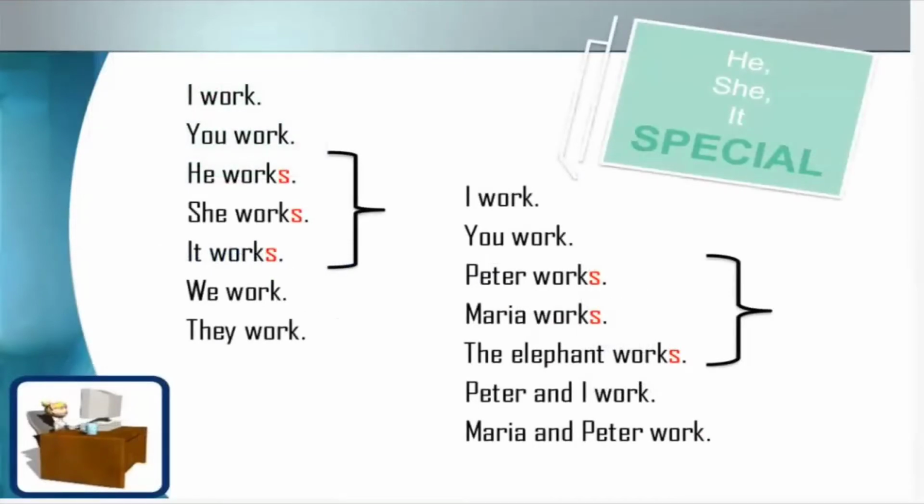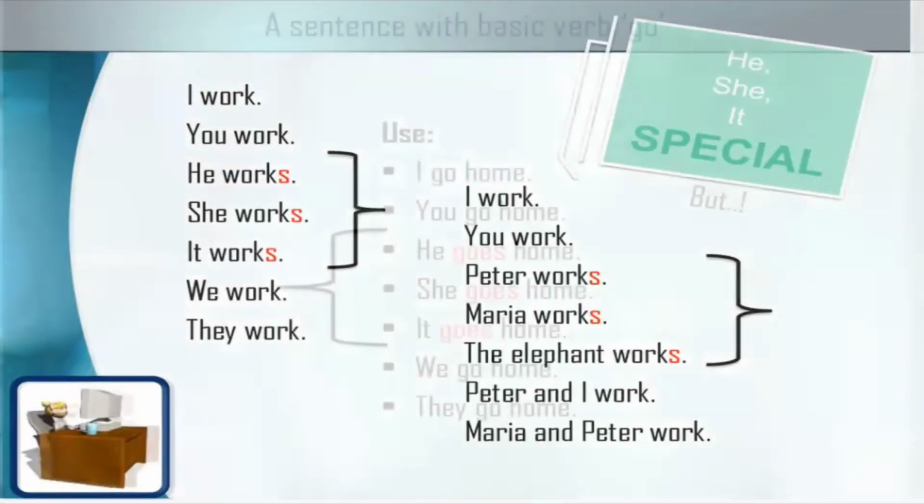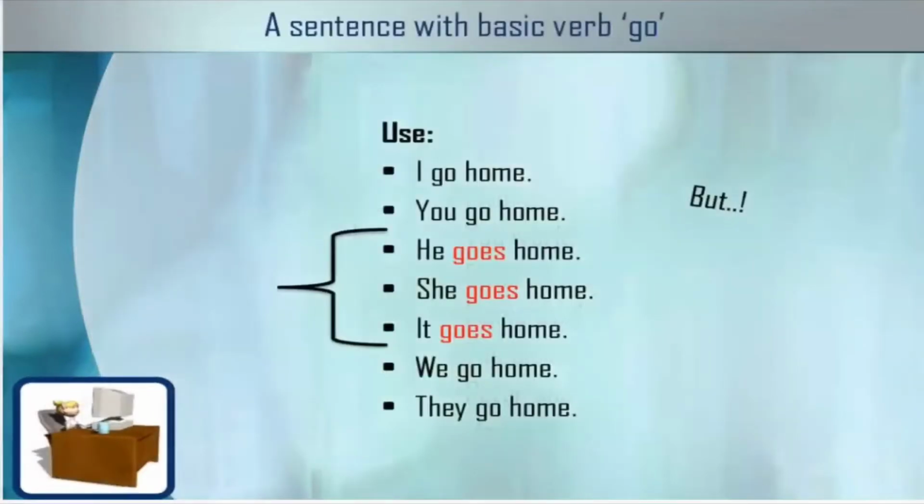Again, there are some examples. Peter works, Maria works, the elephant works. The next example that is important to mention over here is the basic verb go. If I have to use the basic verb go with he, I'll be using he goes home, she goes home, it goes home.